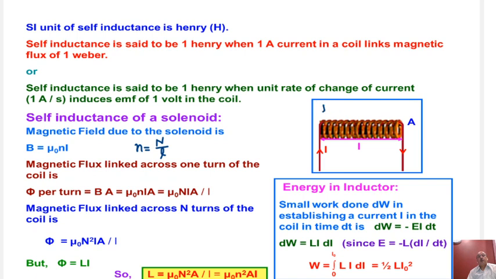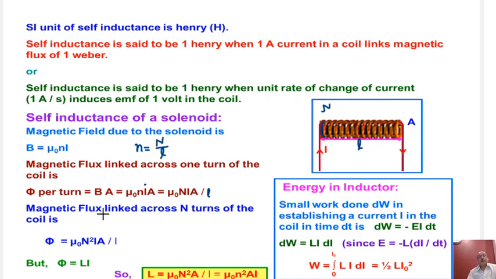If the number of turns on the coil is N and the length of the coil is L, then the number of turns per unit length will be N by L. If we take only a single turn of the coil, then flux per turn is B dot A, that is mu 0 n I A, or mu 0 N I A by L.